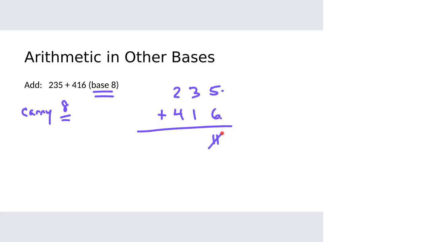So I'll carry 8 of them, put that over there, and that leaves 3 back here in the 1s column. And then 1 plus 3 is 4 plus 1, that's 5. That's okay. 2 and 4 is 6. That's okay. And I end up with 6, 5, 3, base 8.